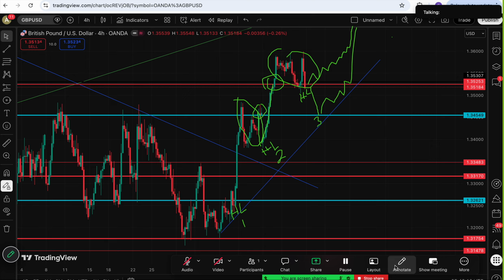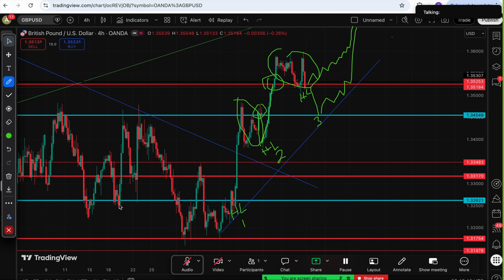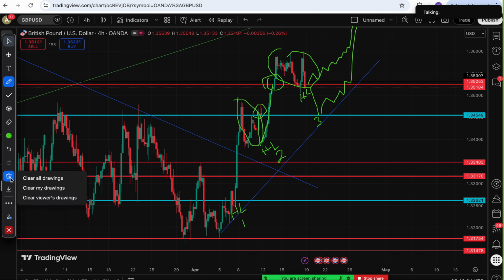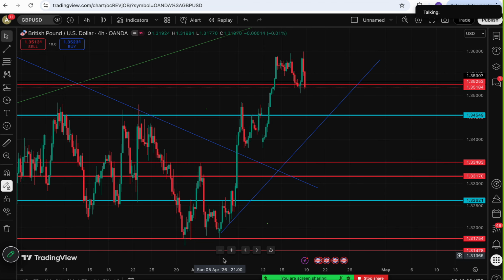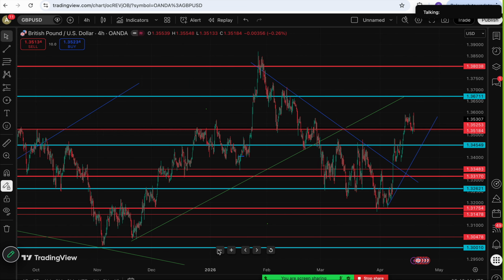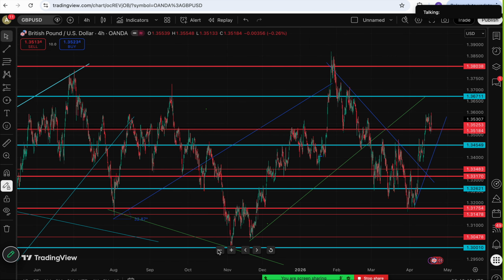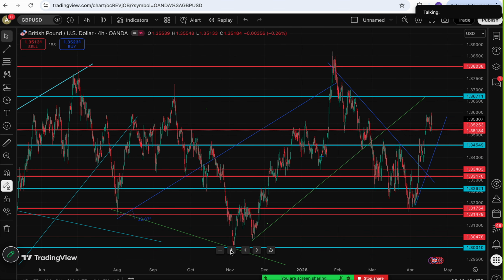So looking at GU, if we zoom out the chart, you can see what it's going to look like, looking more on the upside.